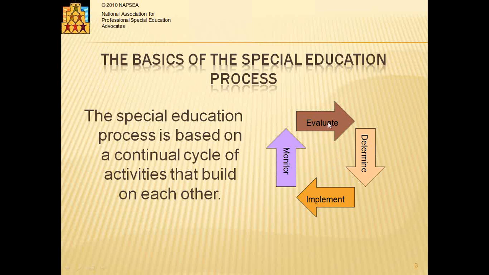Annually the team reconvenes to discuss progress and talk about any additional evaluations that may be needed. But usually at the annual review meeting, there are no evaluations. And then at the 3-year re-eval, they do re-evaluations. And then the process begins all over again: determining eligibility, implementing the program, and then monitoring the process.